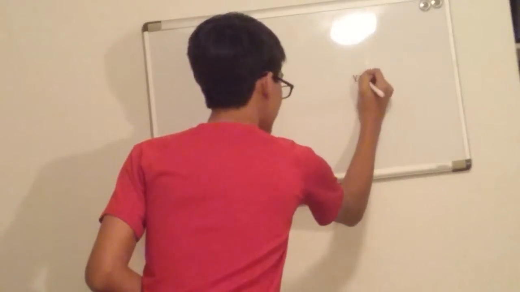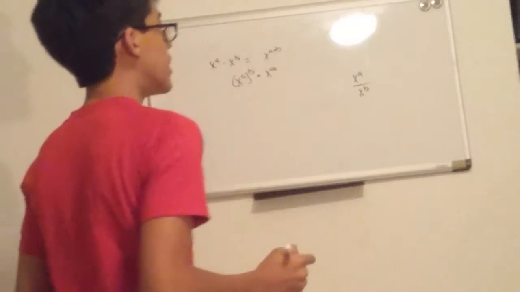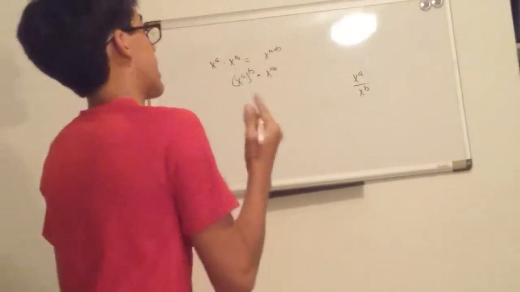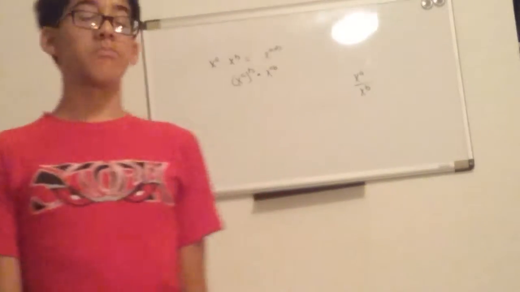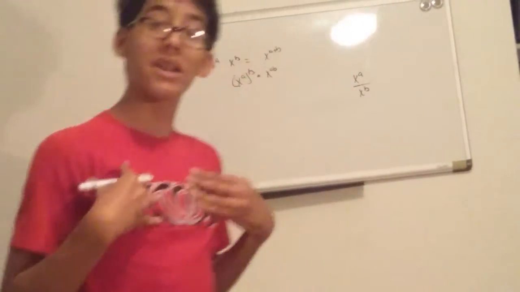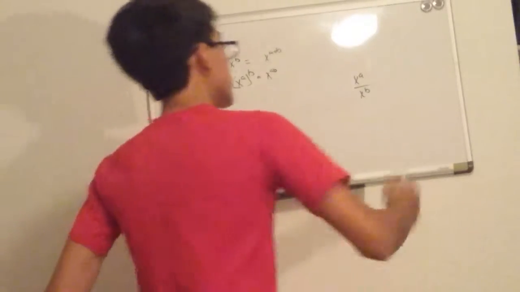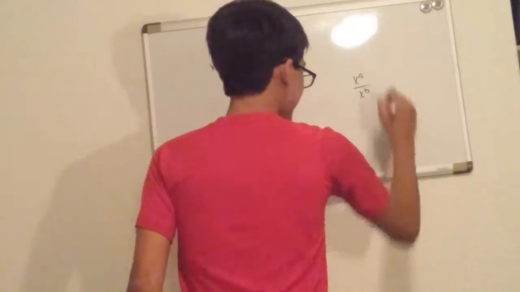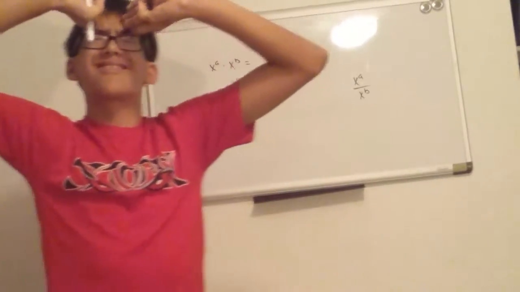Alright, that's additives. Now, let's try this one: x to the a over x to the b. Now, you would think, oh Lord, whoever thought of dividing exponents? I don't know which one, but we got to do it. I had to do it, so in the future, you have to do it. It's so mind-bogglingly simple.